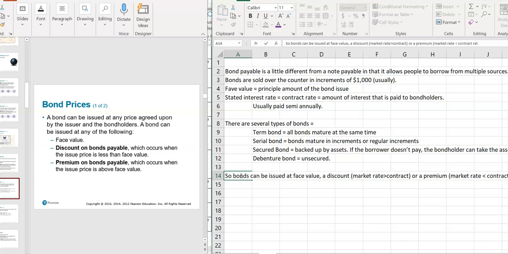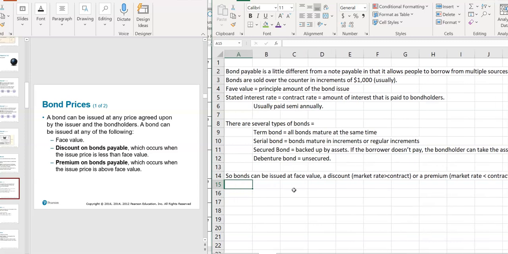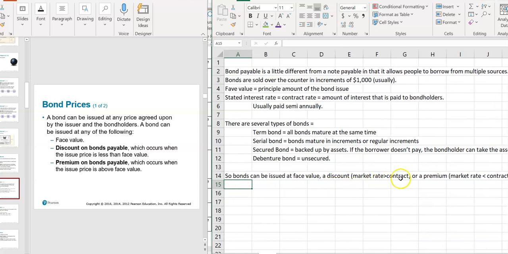And the amount that they're issued for depends on the contract rate versus the market rate, right? The contract rate is what's stated in the bond issue. The market rate is the amount of interest that bondholders desire, okay? We will only cover bonds issued at face value.